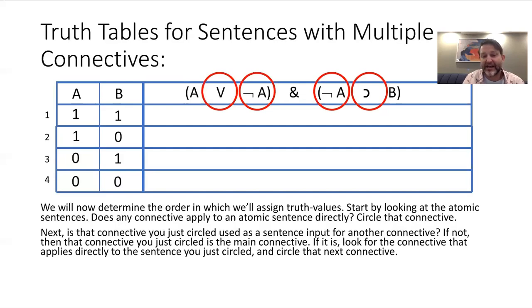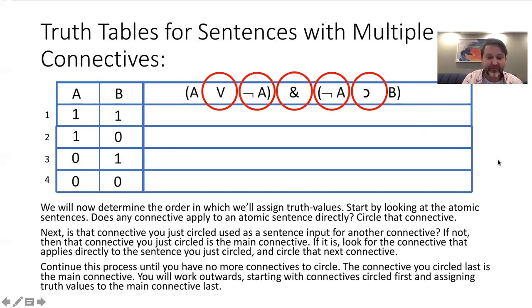We have not A here, and then or is applied to that on the left-hand conjunct, and on the right-hand conjunct, it is a conditional that not A goes into. You continue this process until you have no more connectives to circle, and the connective you circled last is the main connective, okay?